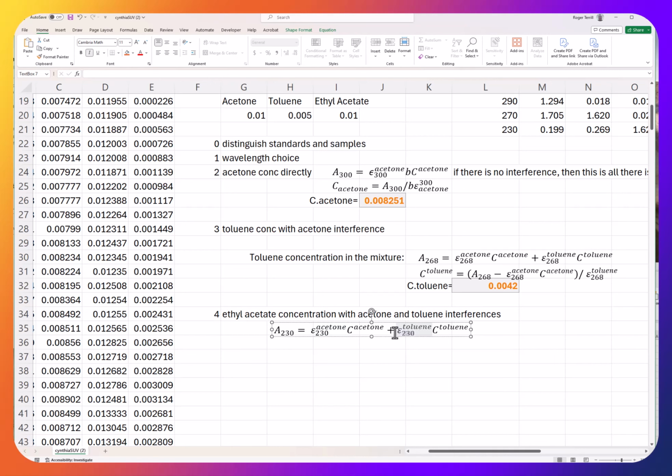And then we're just going to have the same thing, but this is going to be ethyl acetate. EA, I'll just call it EA. And so then we're trying to solve for CEA here, and that'll be this minus this divided by this.